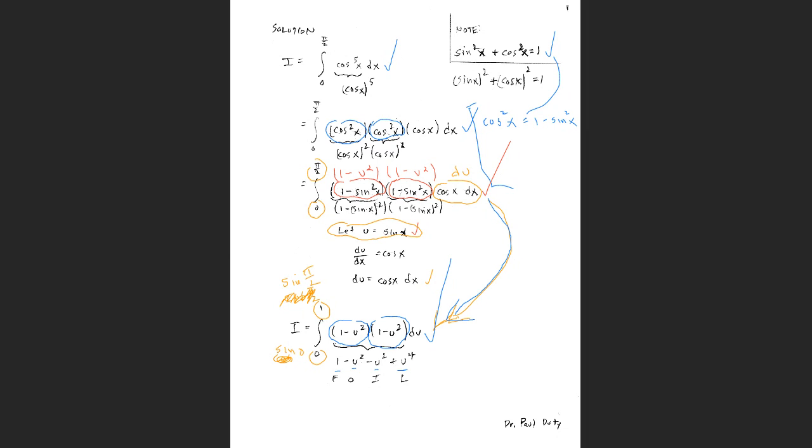And so now this trigonometric integral just becomes the integral from 0 to 1 of 1 minus 2u squared plus u to the 4th du. And now that's a calculus 1 problem to get that antiderivative.